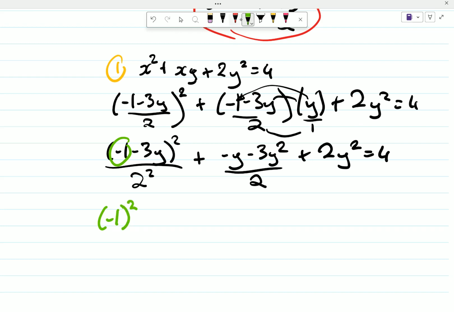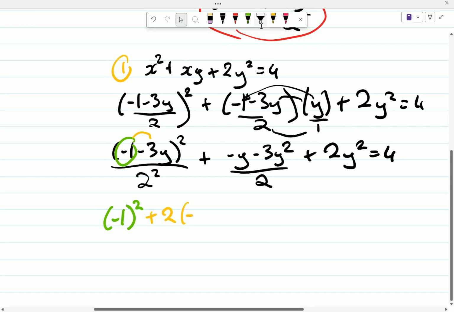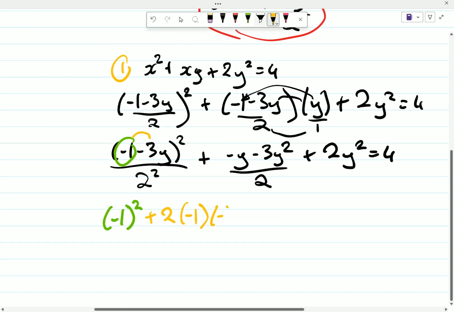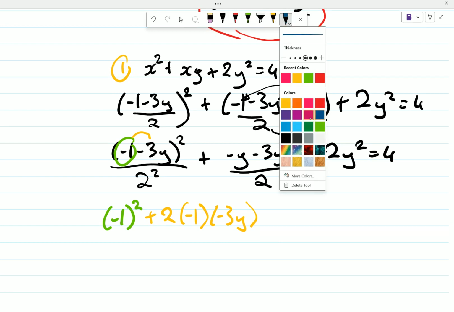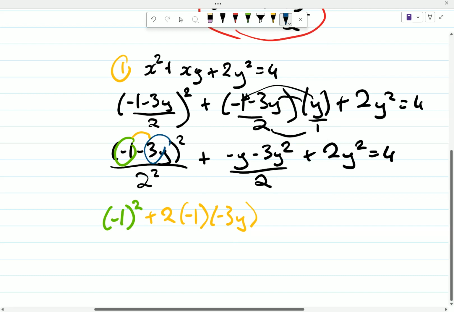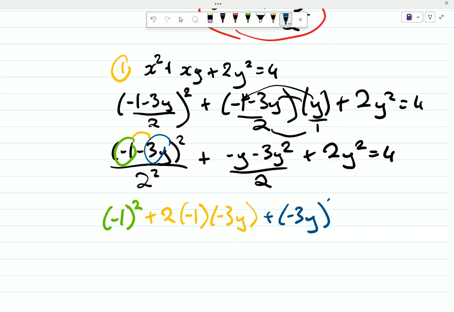The second one is to add 2 times the product, so multiply together minus 1 times minus 3y. Make sure you include that. And then let's use blue, and square the last, so that's minus 3y squared.